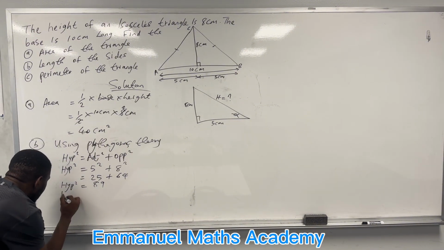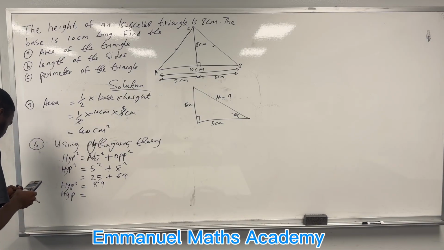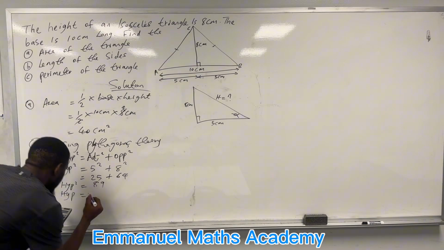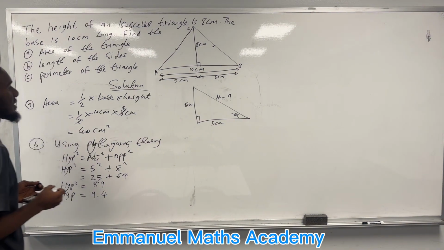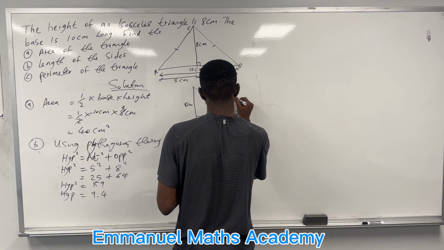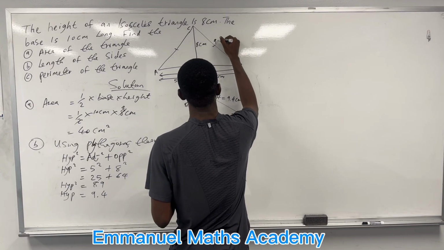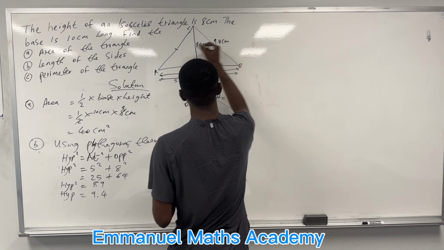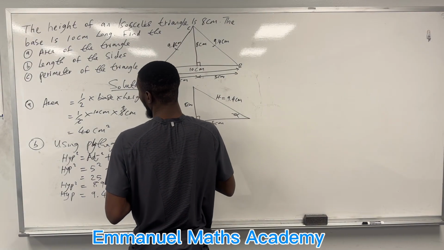If you take the square root of both sides, hence you have that hypotenuse is the square root of 89. 89 will give you what? It will give you 9.4. Hence, here is what? 9.4 cm. Here, 9.4 cm. Here, 9.4 cm. Right?